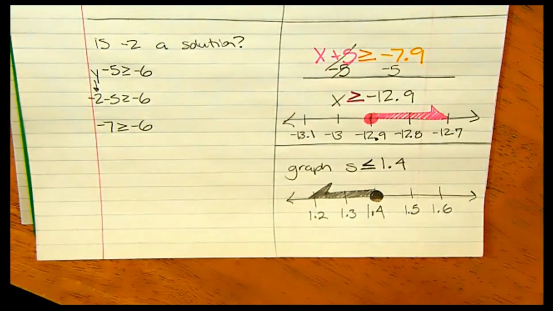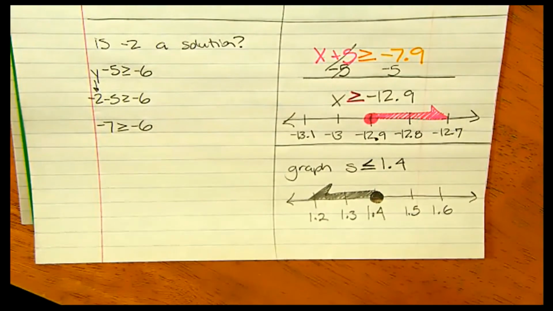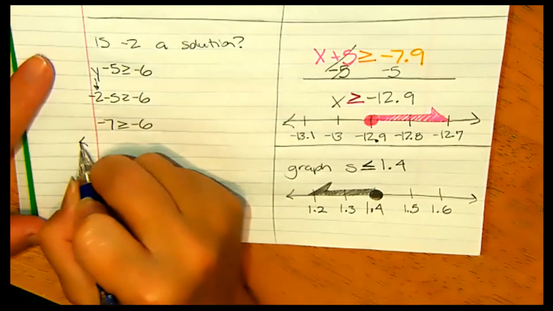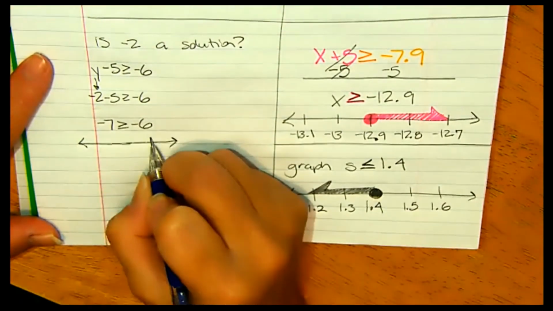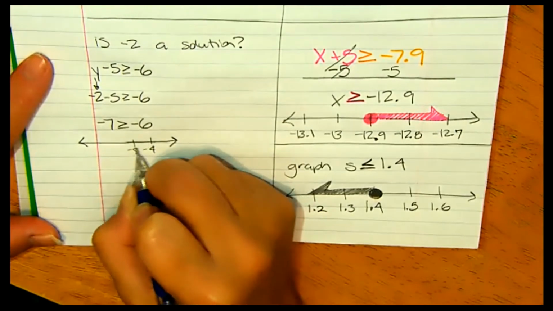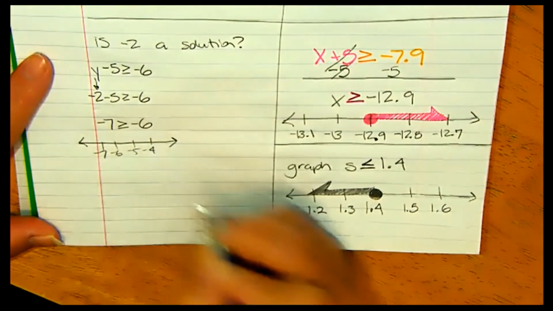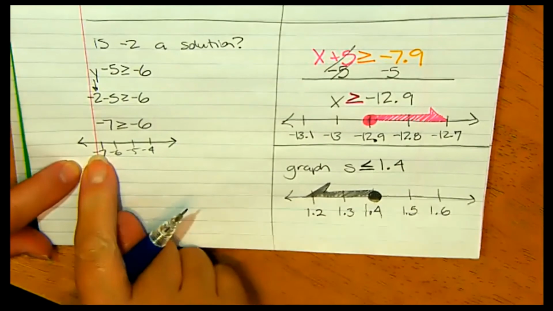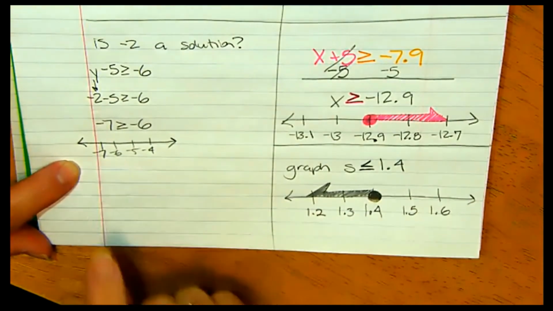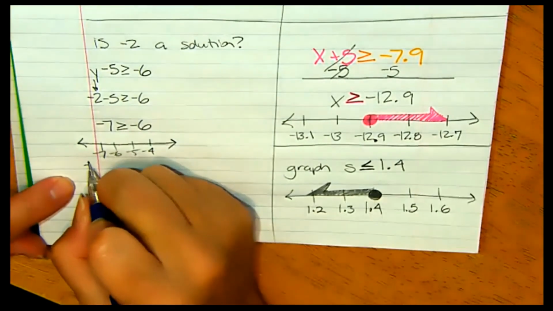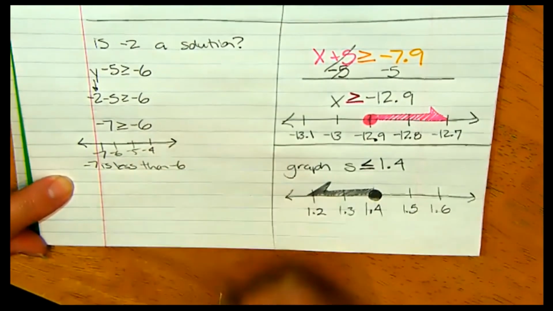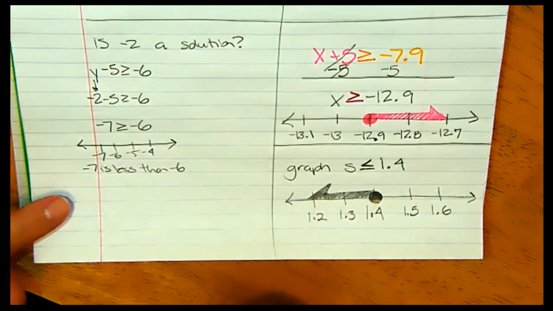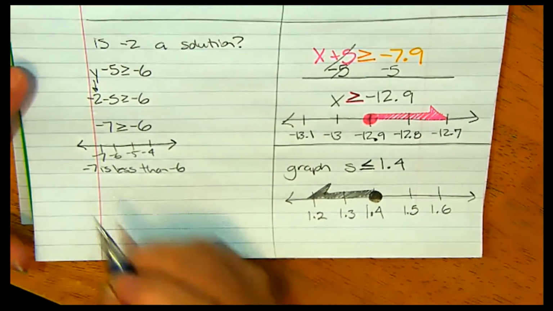Wait, what? -7 is not greater than or equal to -6. I can prove it. It goes -4, -5, -6, -7 is to the left of -6. That means -7 is less than -6.